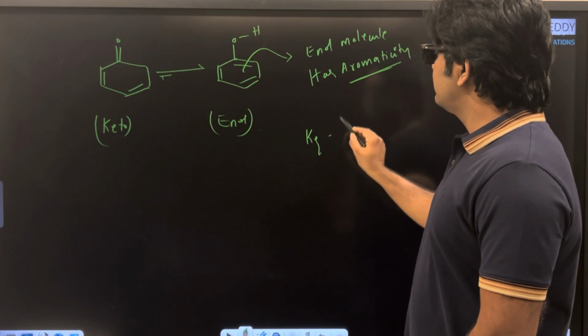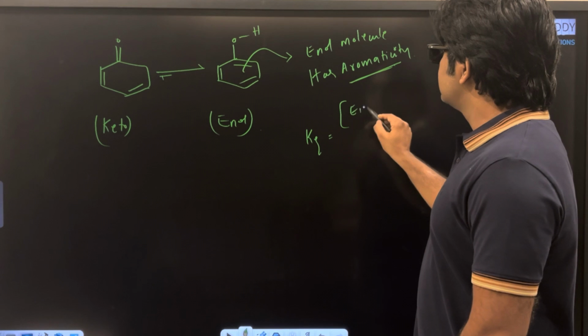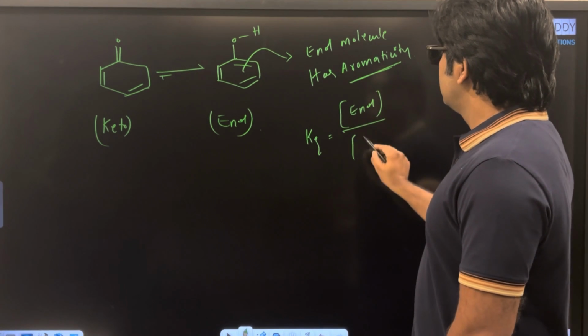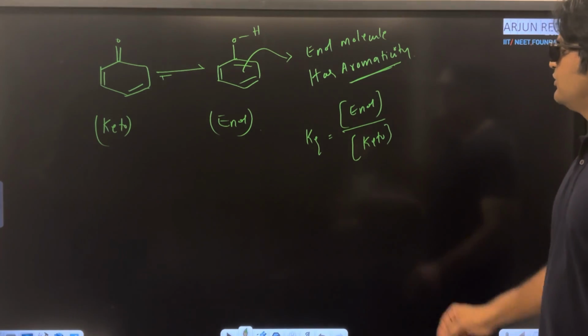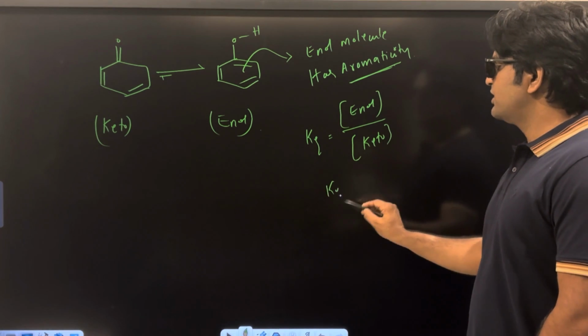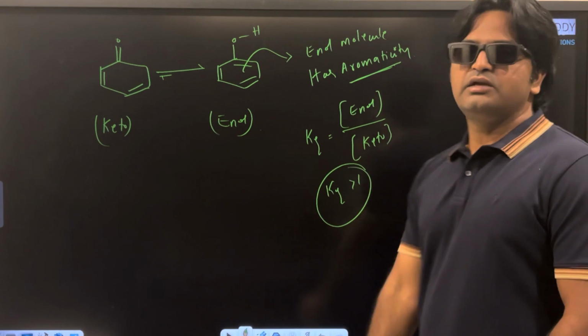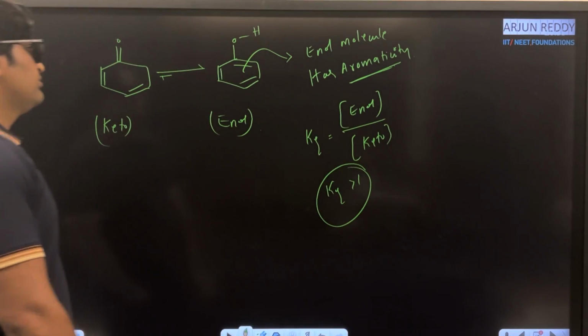So here the equilibrium constant equals the concentration of enol divided by the concentration of keto. So what are we getting? Is the equilibrium constant value less than 1 or greater than 1? Yes, greater than 1. Very important example.